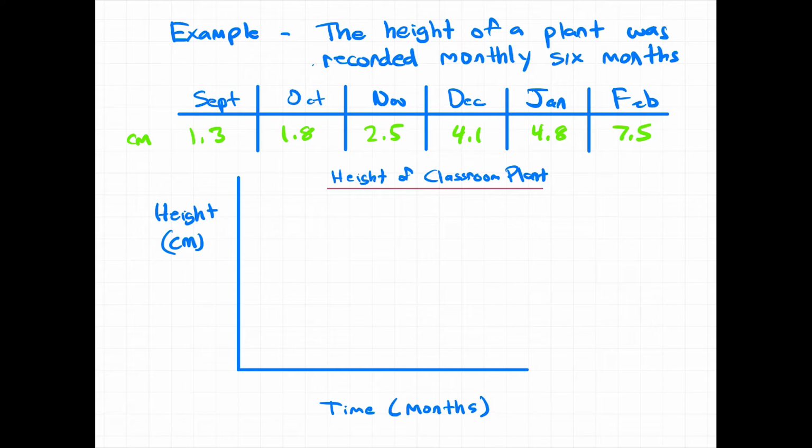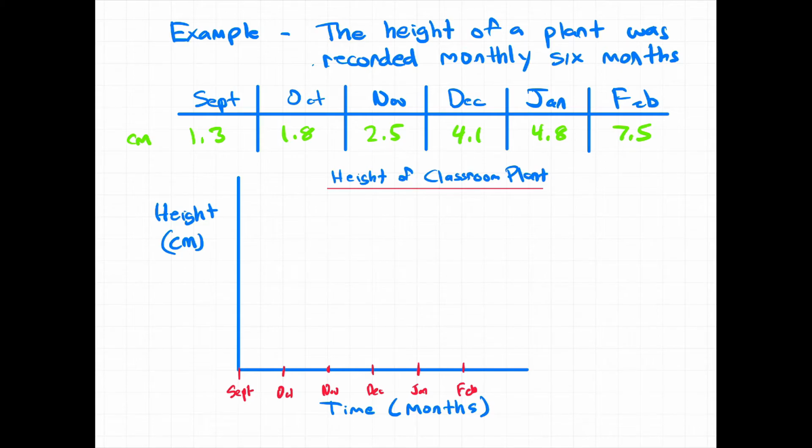That really makes sense, so we're going to space them out every 2 lines. So this first line right here is going to be September. Go over 2 lines, I've got October, November, December, January, and February.